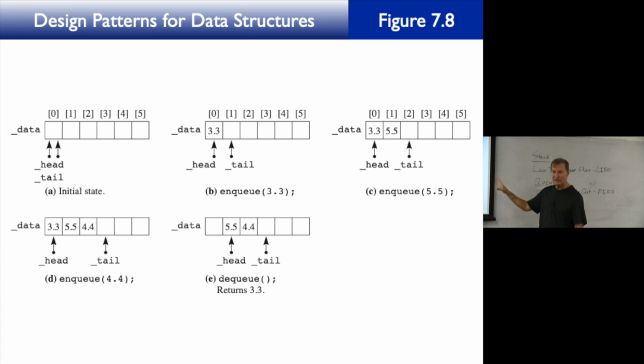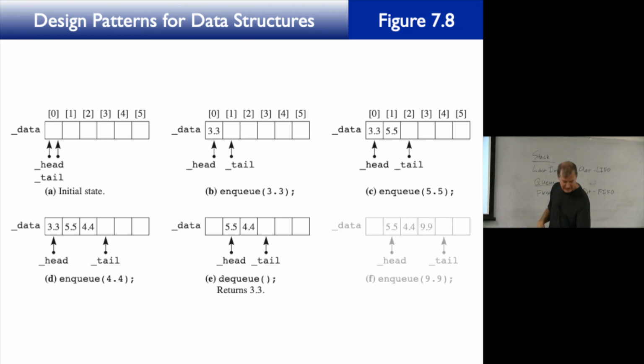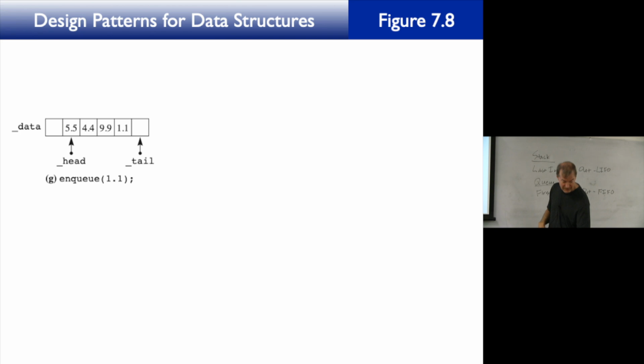All right, but I don't want to show it because it's going to get confusing if we do. Okay, and so here we NQ 9.9, tail goes up, 9.9 goes in. Now watch this. We NQ 1.1, 1.1 goes up, and now what's the value of tail? 0, 1, 2, 3, 4, 5, right? The value of tail is 5. And now if we DQ, that returns 5.5, and here we are.